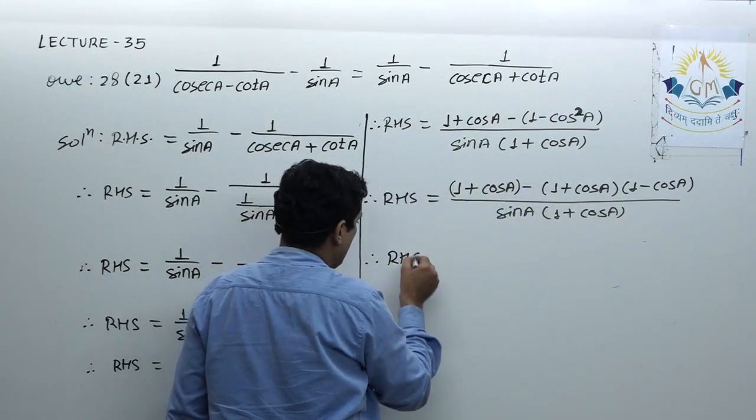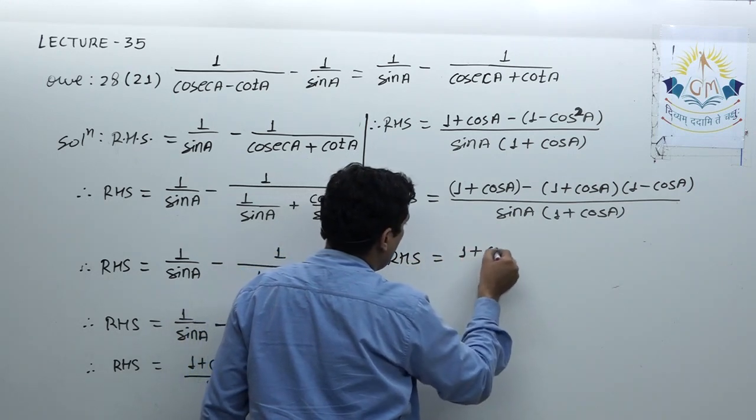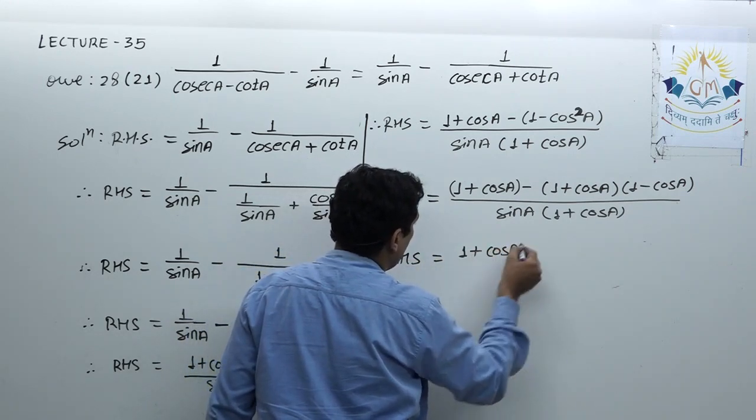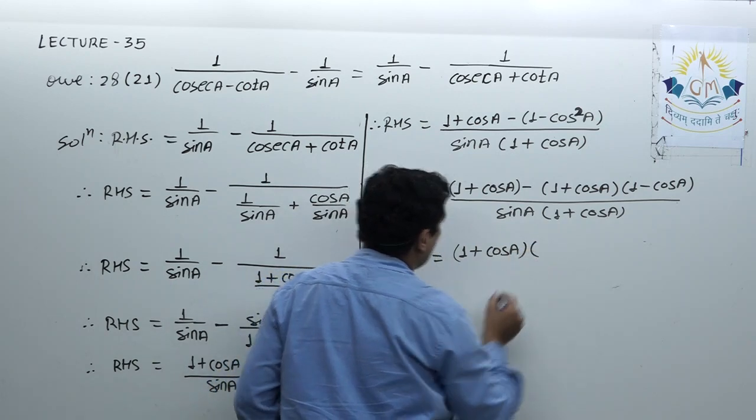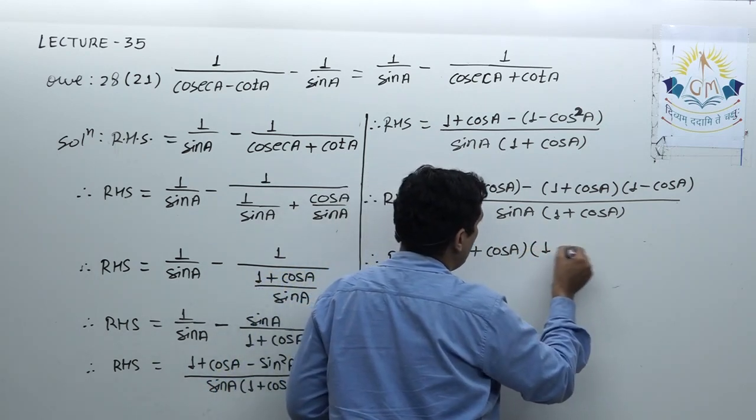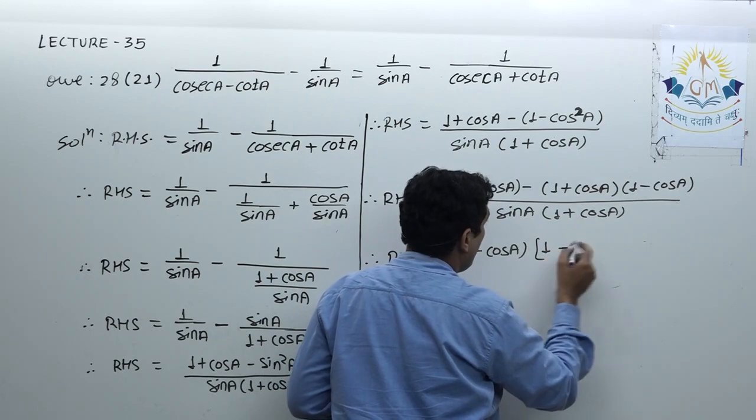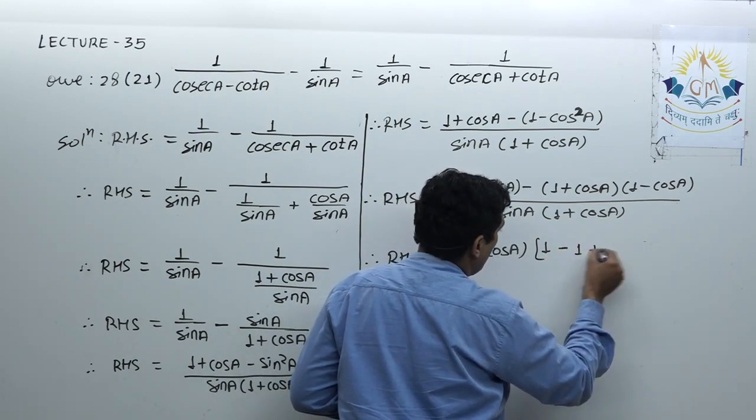So RHS is equal to 1 plus cos A taken common, in the bracket we are left with 1 minus 1 plus cos A.